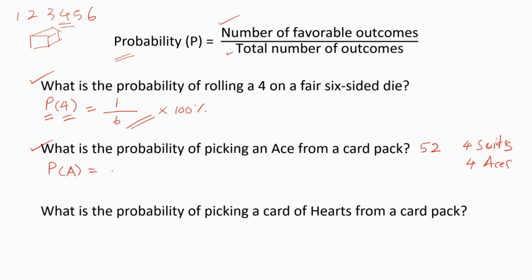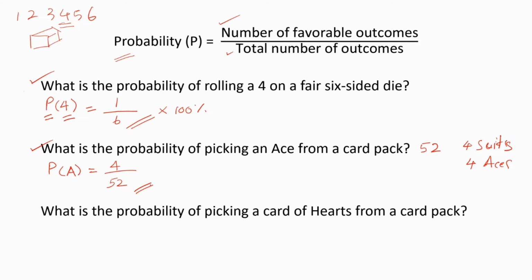This equals the number of favorable outcomes. How many aces are there in a card pack? There are 4 aces, so there are 4 favorable outcomes, divided by the total number of outcomes. How many cards in a card pack? There are 52 cards, so the total number of outcomes equals 52.